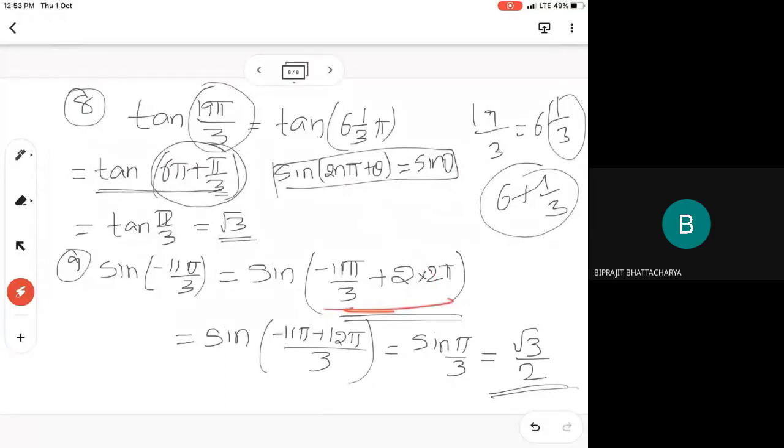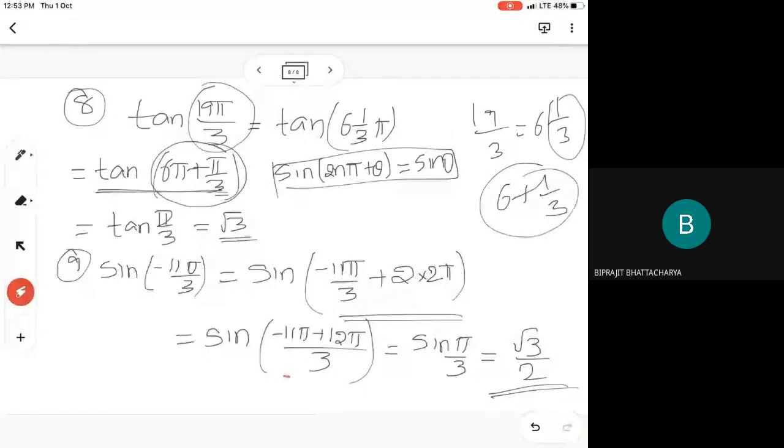Then after that, simplify this part. I split this, brought this form, and after bringing it I applied the formula, then you are getting this one. Here, first, as it is, negative is given to you. Then first I wrote this one by applying this identity, where theta is this one taken and in the place of 2n pi, 2 into 2 pi taken, so that you are going to get here.